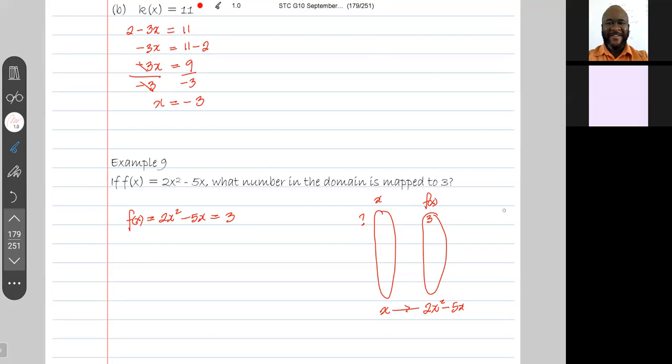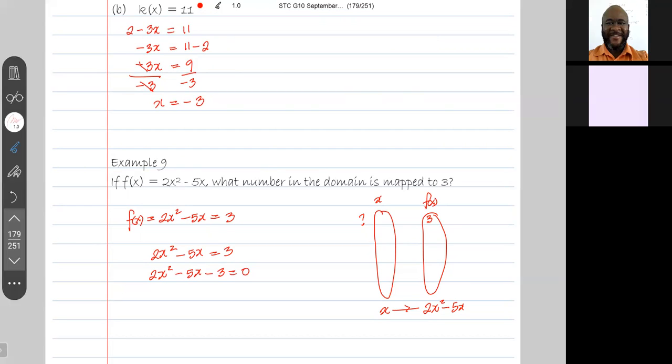Which x value is going to cause f of x to be equal to 3? So we have 2x squared minus 5x is equal to 3. 2x squared minus 5x minus 3 is equal to 0.